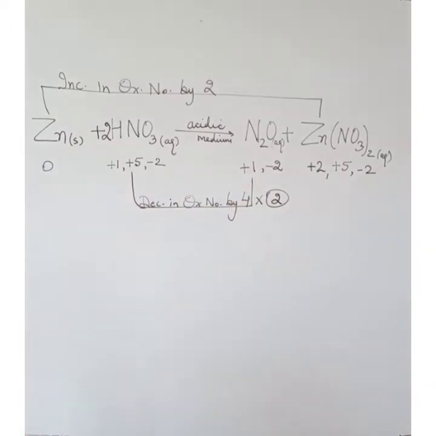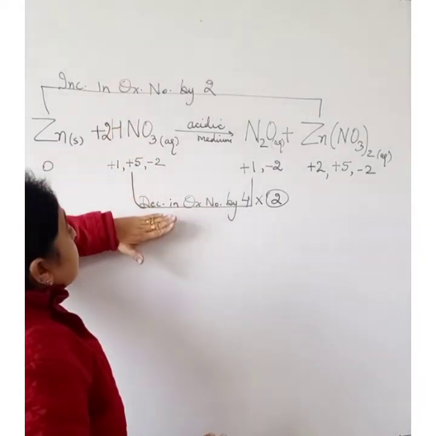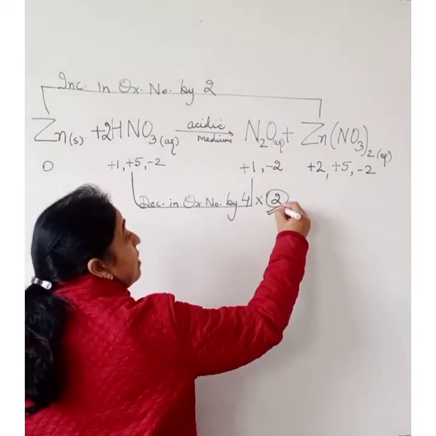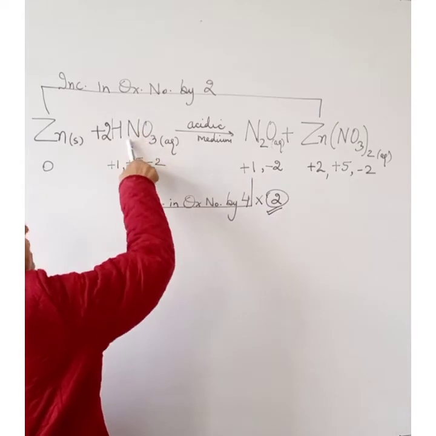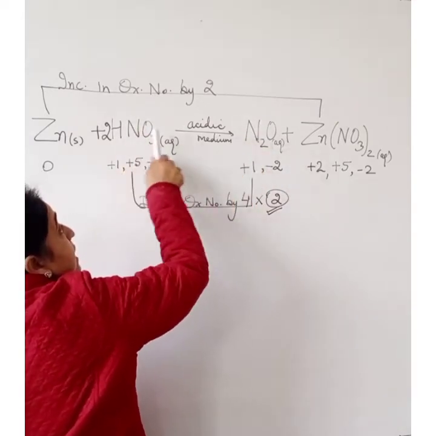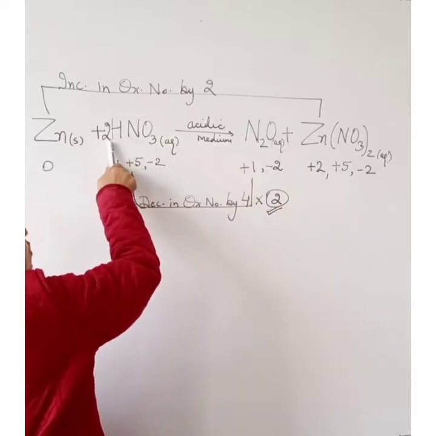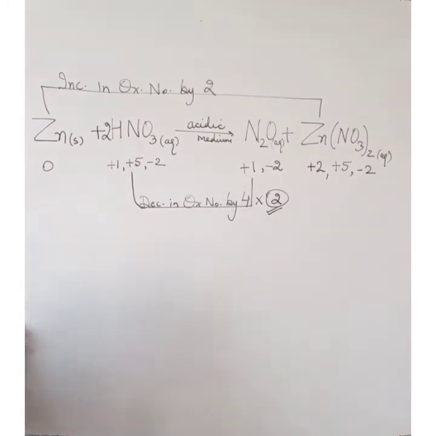After doing this, what are you going to do? You have to balance the change in oxidation number. This coefficient 2 we have multiplied because here we are dealing with one nitrogen and here we are dealing with two nitrogen. To make it equal, we are multiplying this side by 2 and we are multiplying the oxidation number also by 2.